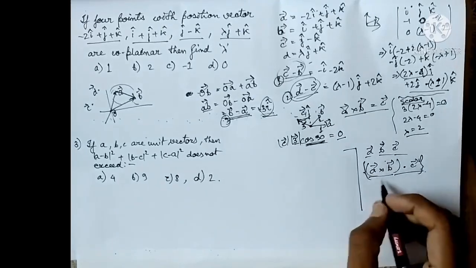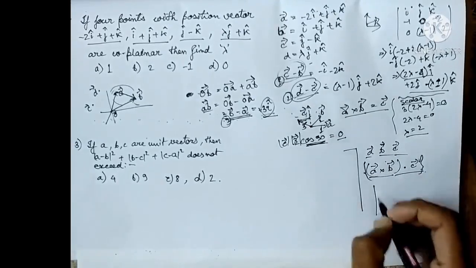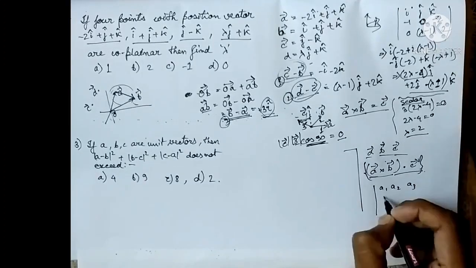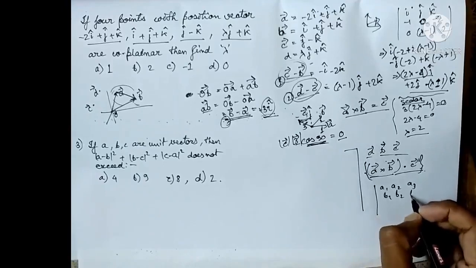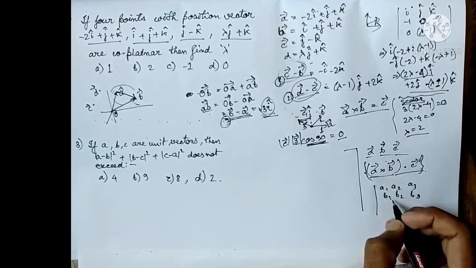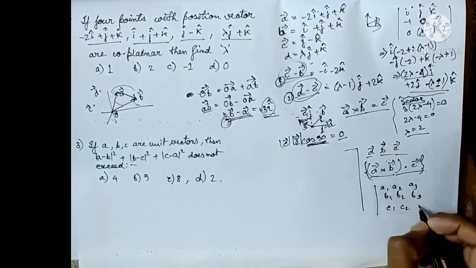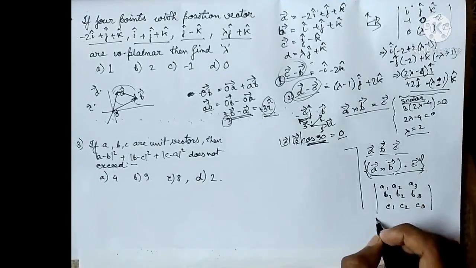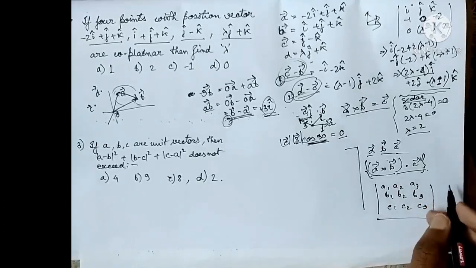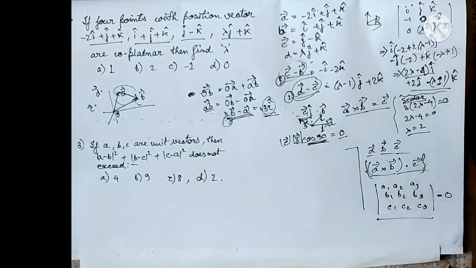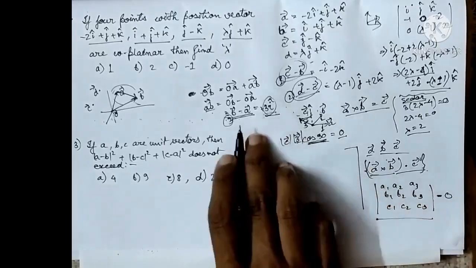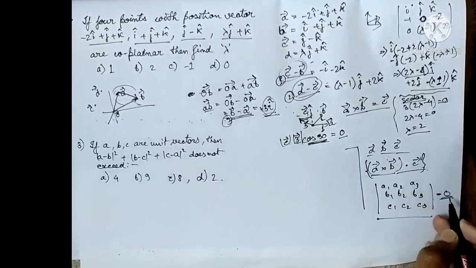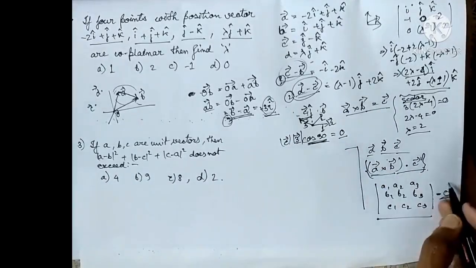So this can be represented as a1, a2, a3, b1, b2, b3, and c1, c2, c3. Now just calculating this determinant, we can find the value, which would be 0. We can find the value of lambda here. For this case it will be 0. For any other case it can be anything.